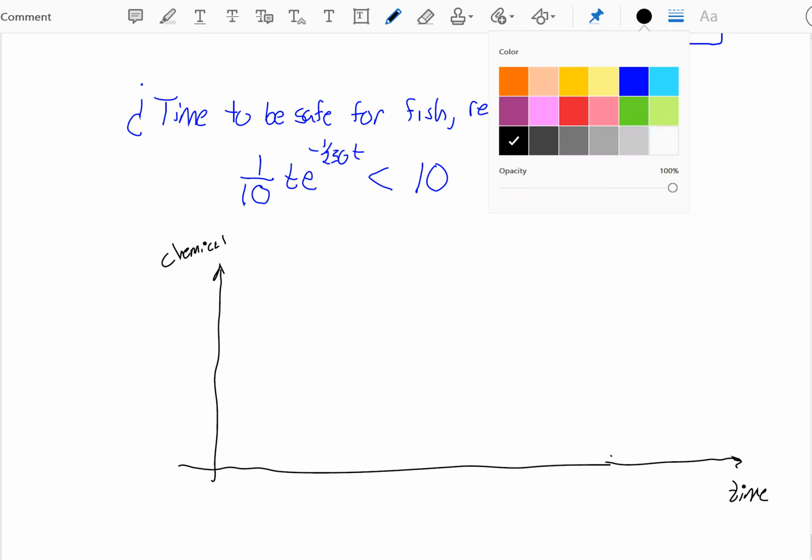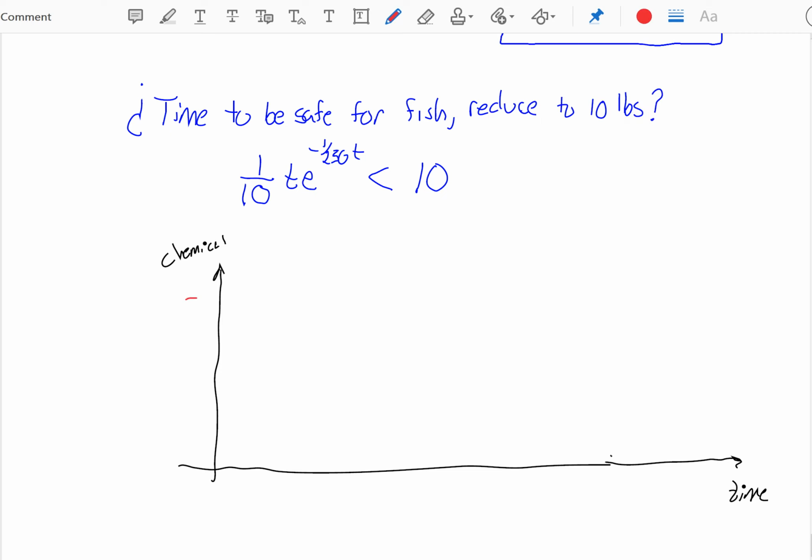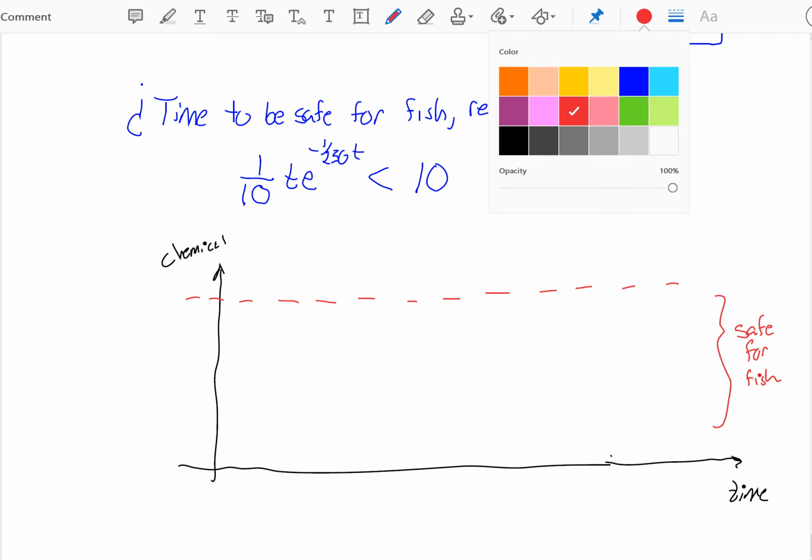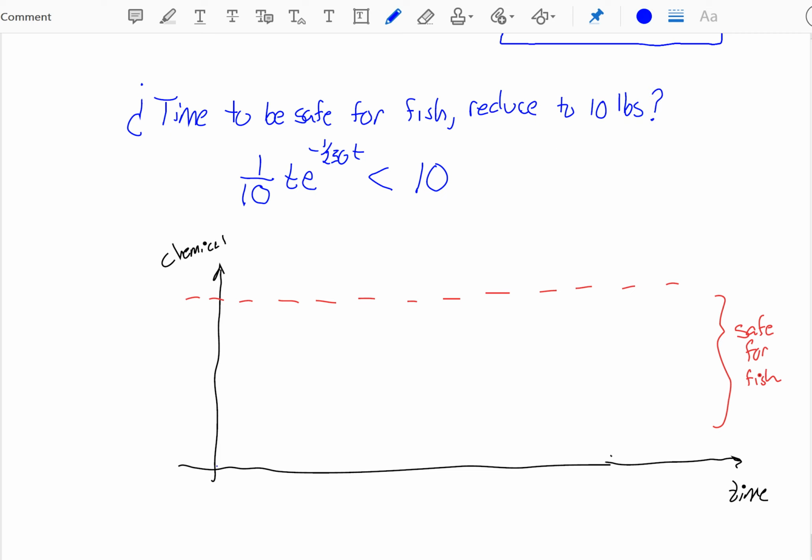And we know it has to stay below 10 pounds. So let's put 10 pounds here. This down here is, of course, the safe region. And we know also that we started with 0 pounds. So I want to figure out, when is this less than 10?